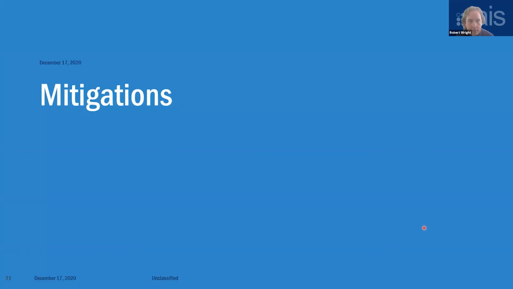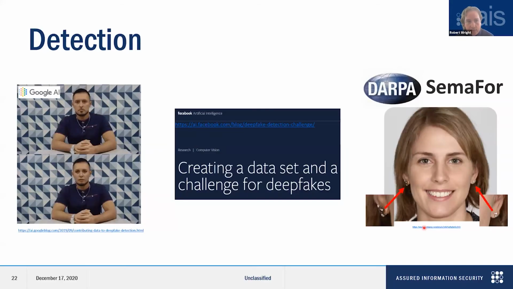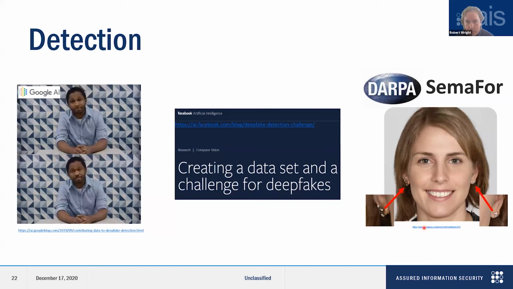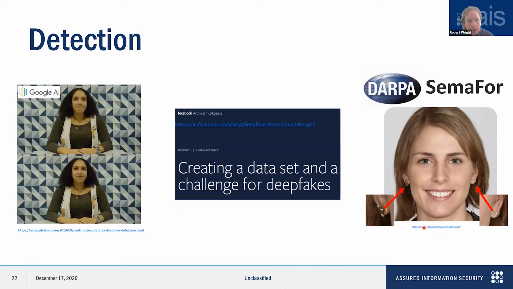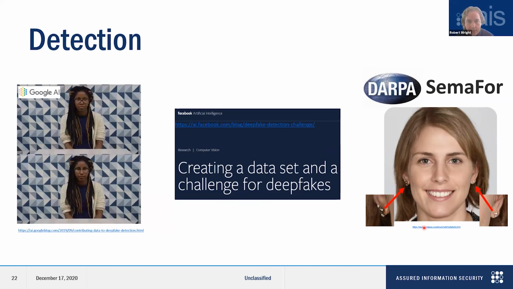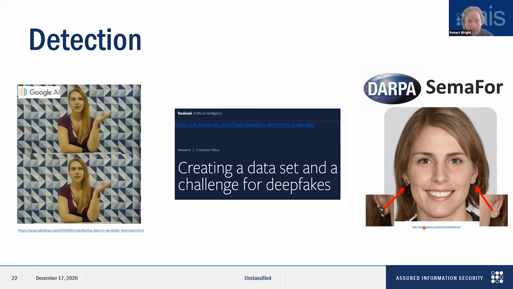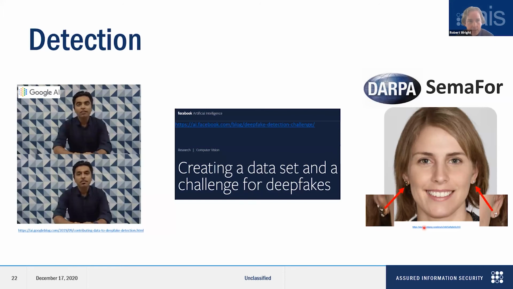So we've seen what they can do, how big of a problem they are, what's being done, what possible things are out there that can be used to mitigate them. So the first thing is, there's a lot of efforts being proposed and being pursued right now in detection schemes. Both Google and Facebook have released data sets and challenges to inspire people to come up with different, novel ways of detecting deepfakes.